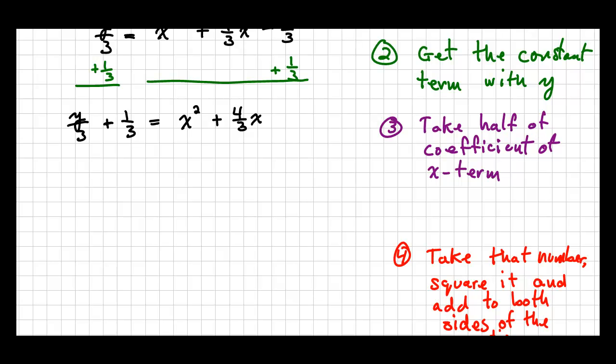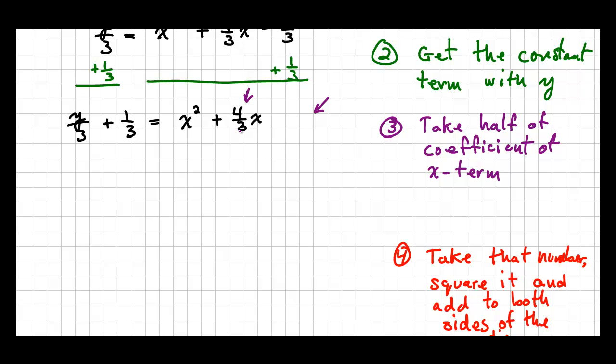We want to take half of the coefficient of the x term. Really what we're trying to do is find out what number we should add here to get this whole right side factorable into something that'll factor into x minus some number squared.